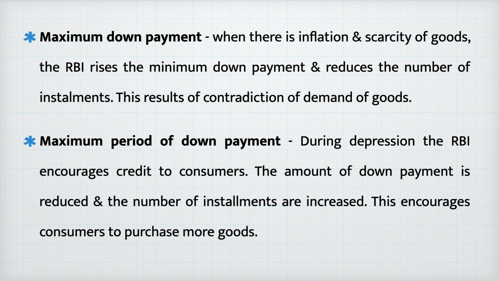The price of the commodity is rupees 10,000, but you do not have enough money. Depression or deflation means what? You do not have enough money to purchase the goods and commodities. Goods are there, commodities are enough in the market, but I as a consumer do not have enough money to purchase those goods. So what does the RBI do here?